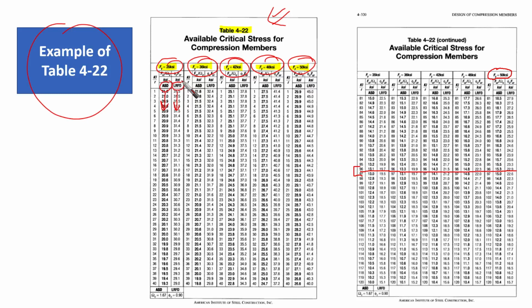So under every yield strength, there are two different columns. Every one of them provides information for ASD, which is the allowable strength, and the design strength for LRFD.